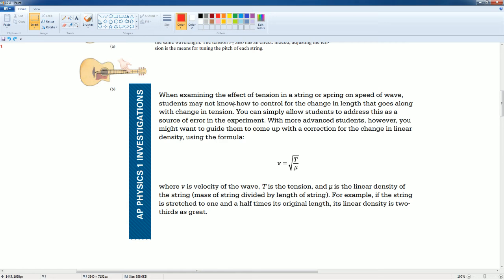With more advanced students, however, you might want to guide them to come up with the correction for the change in linear density using this formula. We use F_T for the tension here. So v is the velocity of the wave, T is the tension, and mu is the linear density of the spring.